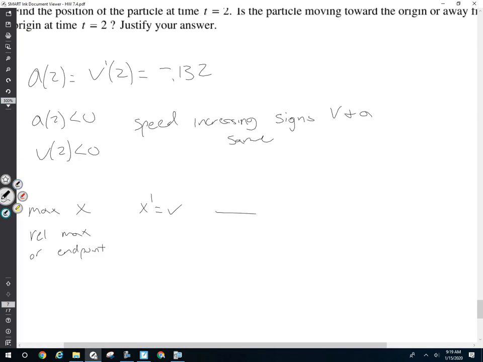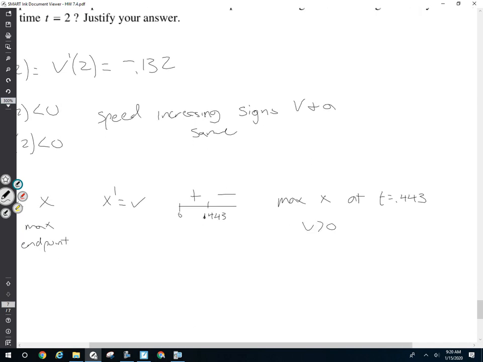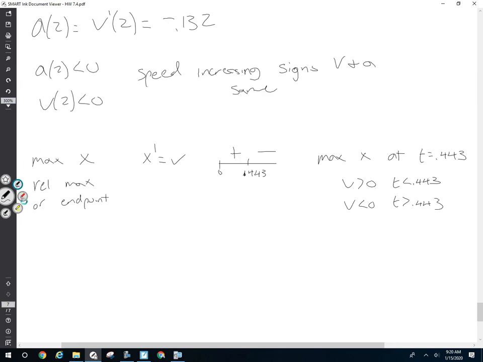So literally, since my velocity is positive until 0.443, negative after that, I must have a max x at t equals 0.443, because v is positive for t less than 0.443, which means I'm moving to the right, and then v is negative for t's greater than 0.443. That's got to be the absolute max.